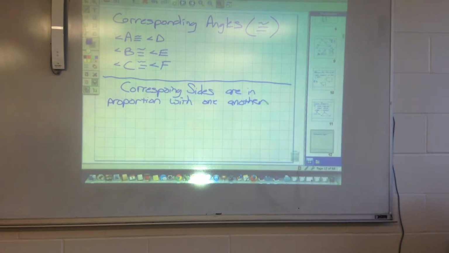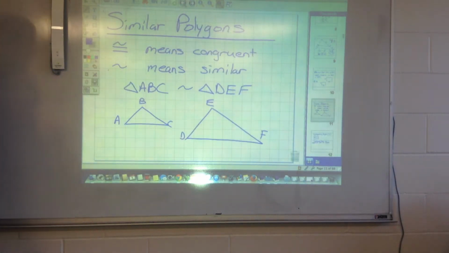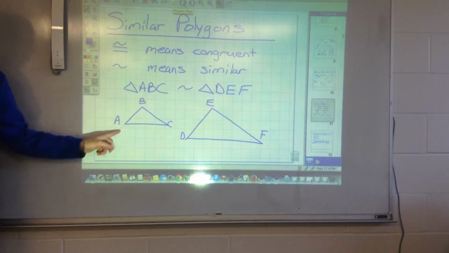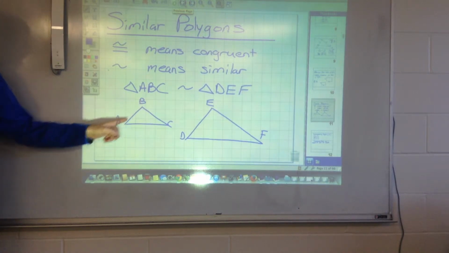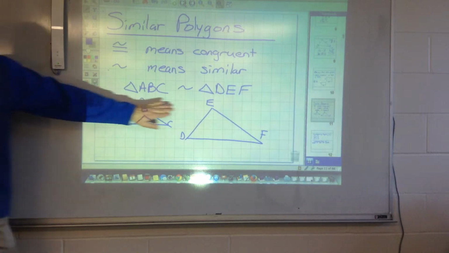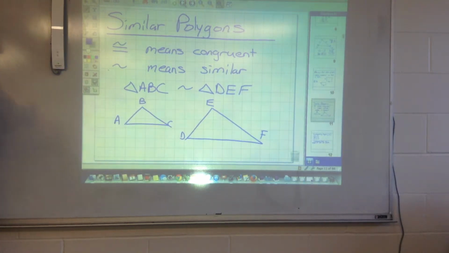Instead of just writing an angle, would just the segment work? Yeah. Yep. So, AB, this segment right here, make sure everybody watches this very close. AB corresponds with which side on the other triangle? DE. So AB and DE, those are corresponding sides.